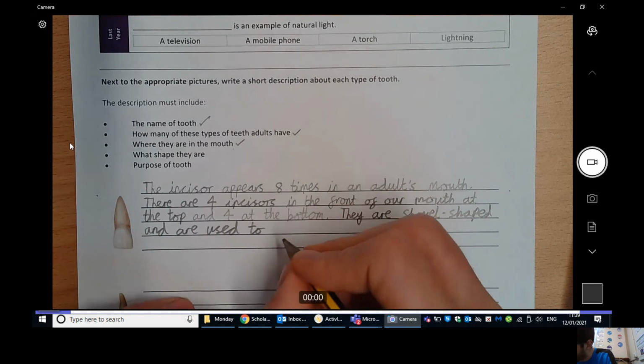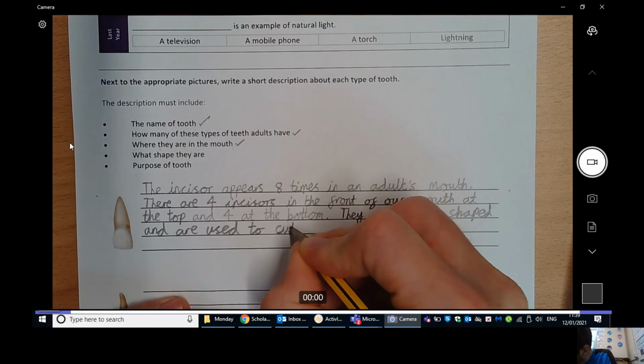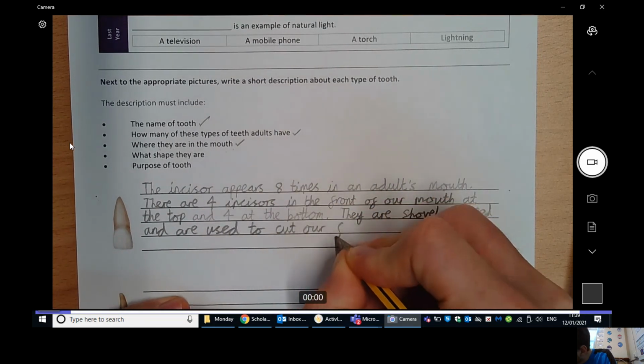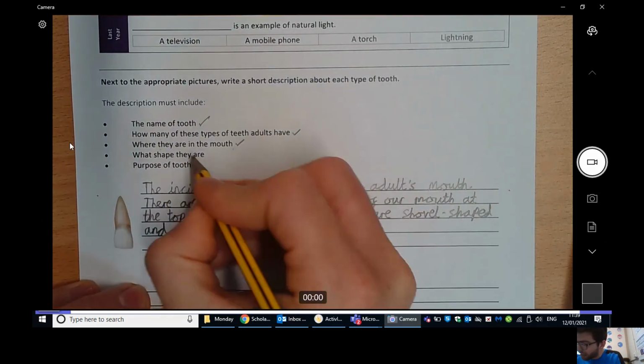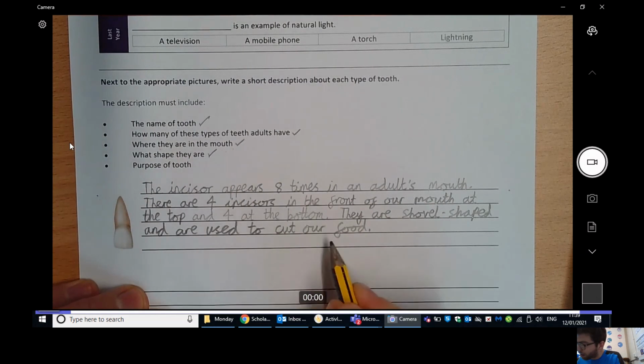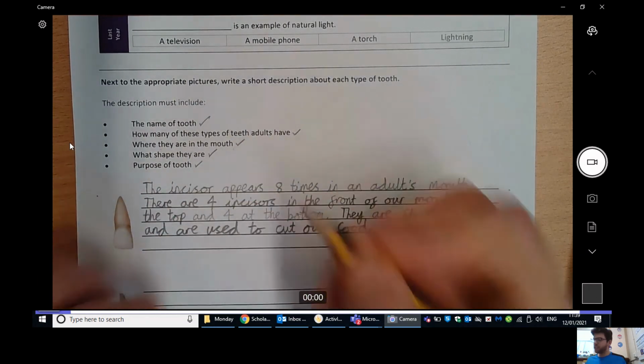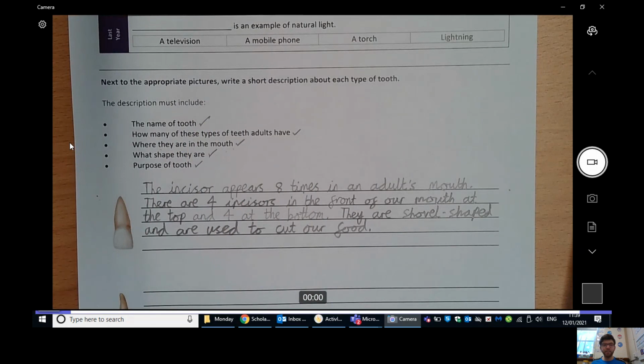Incisors, they're used to, that's right, they're used to cut our food. So I've mentioned what shape they are, tick, and the purpose to cut our food. So I've gone through the tick list, very happy with that.